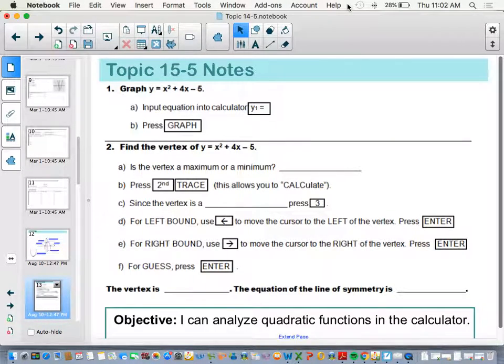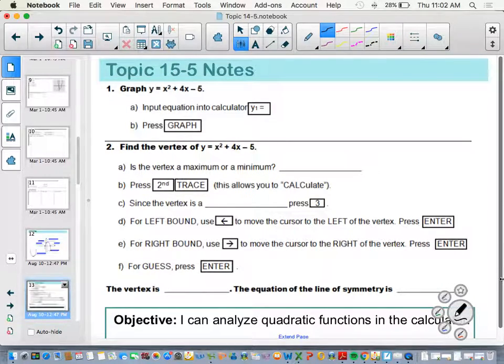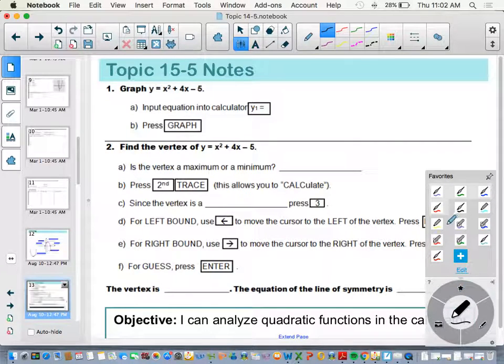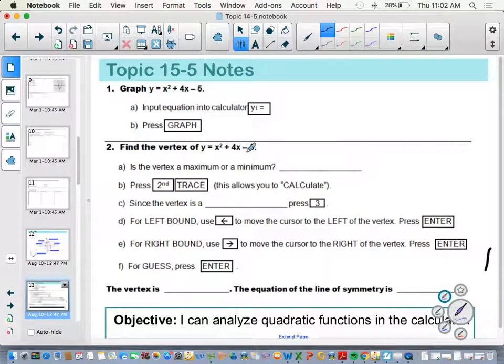Okay. So really quickly, in your calculator, I want you to put x squared plus 4x minus 5 in y equals. You're putting this equation in y equals in your calculator. When you're done with yours, check your partners. Is that a negative or minus?